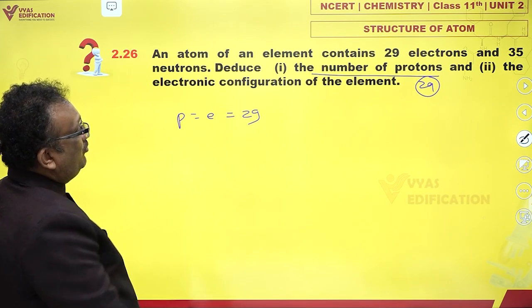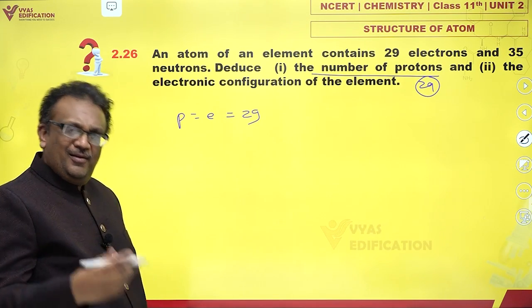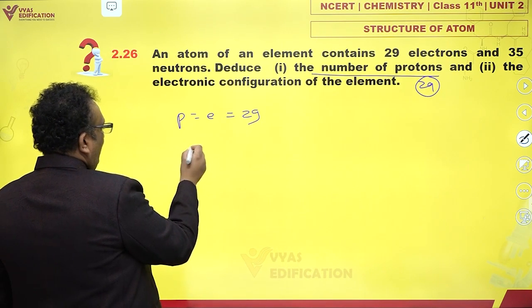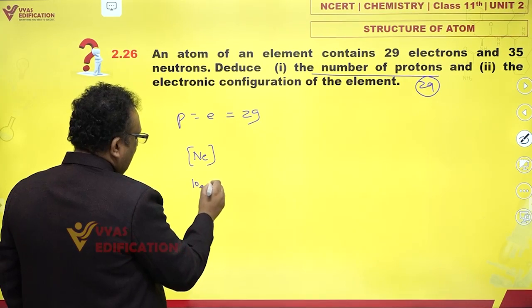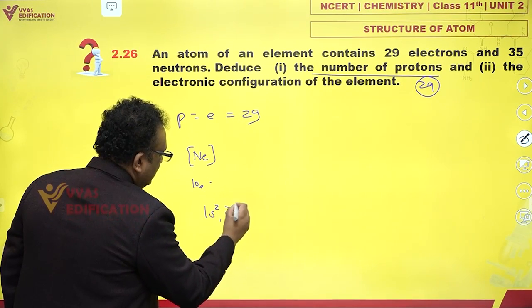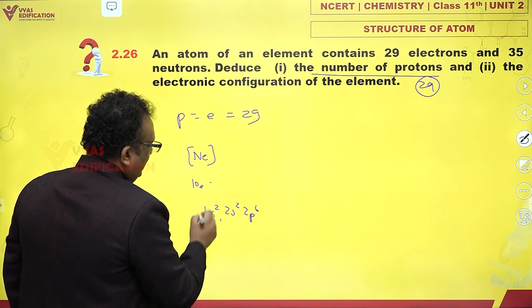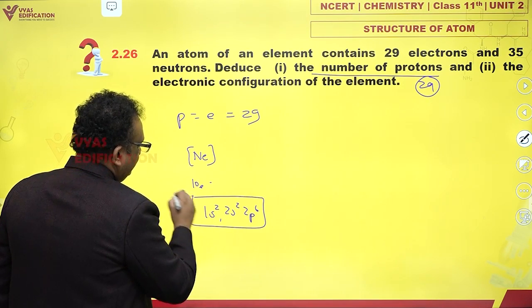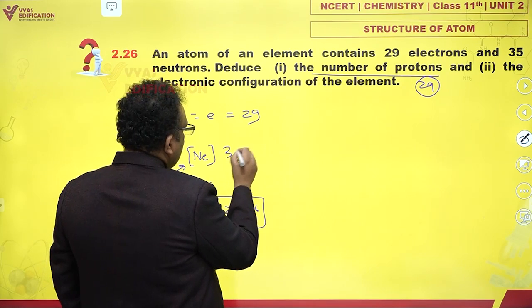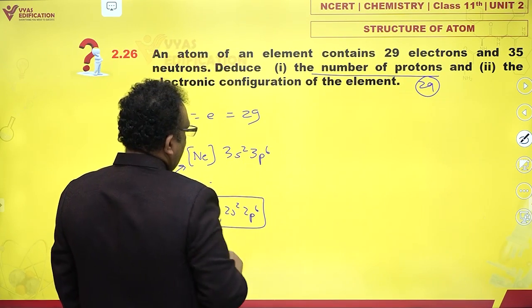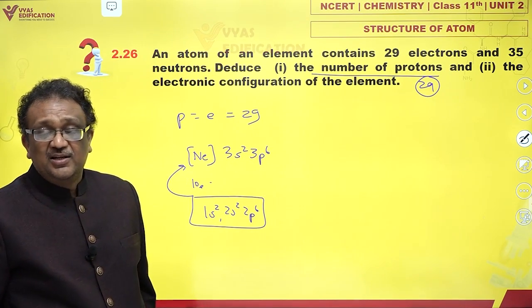Since the number of electrons is 29, let me start writing. Till neon, we have 10 electrons: 1s2, 2s2, 2p6. Then 3s2, 3p6, that is till argon.